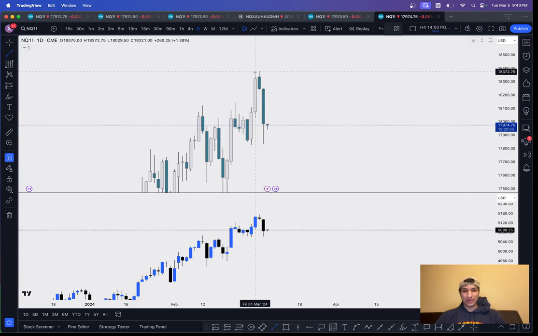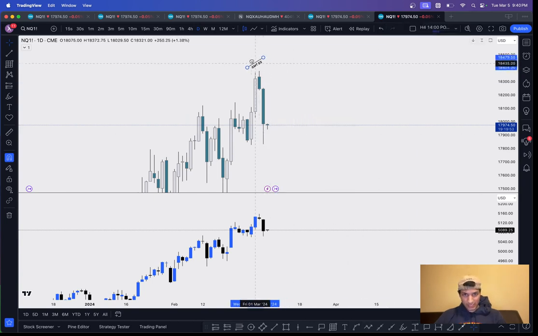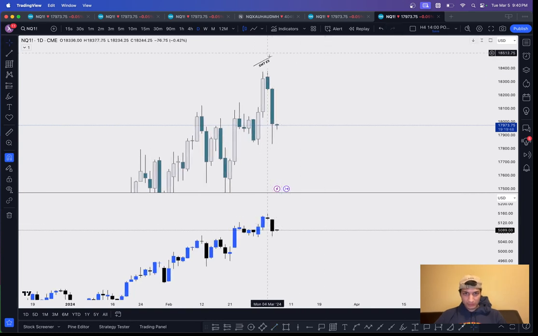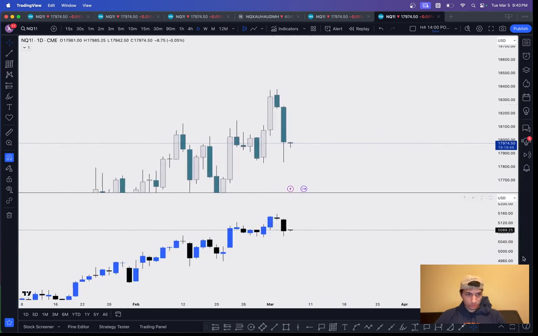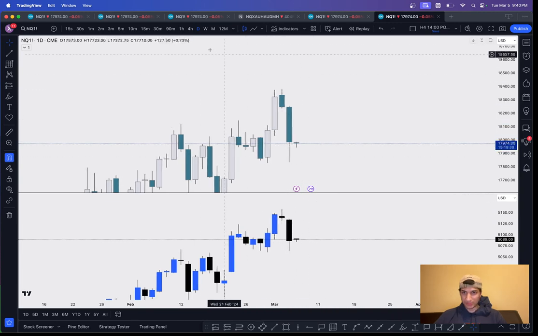So as you can see on the daily chart, there's a very clear SMT here, and I'm going to mark this out. I could have sworn that Monday and Tuesday formed an SMT, but maybe they both took out the high.